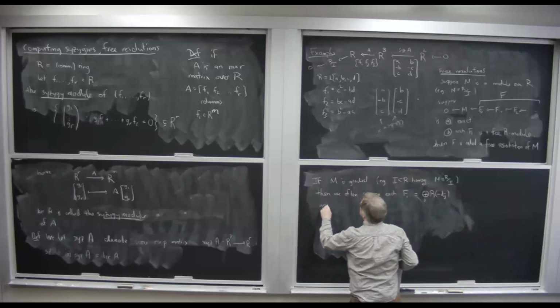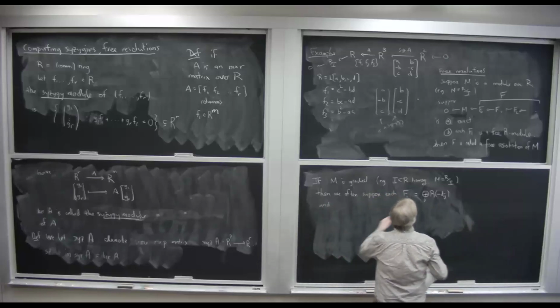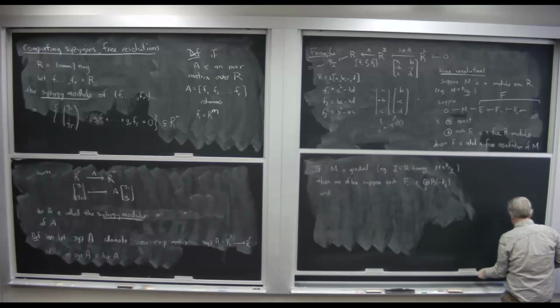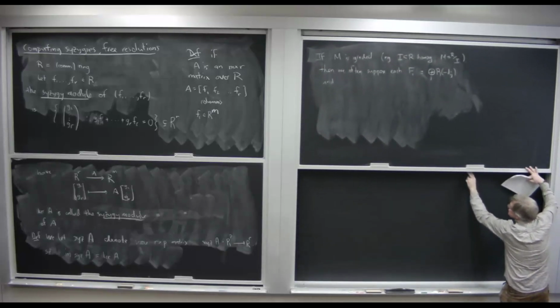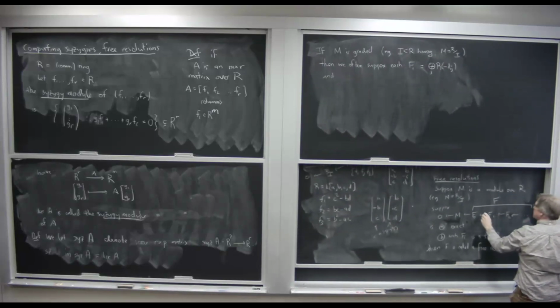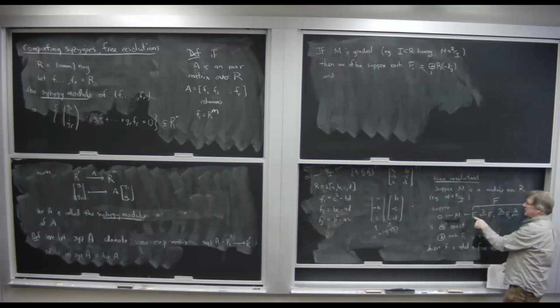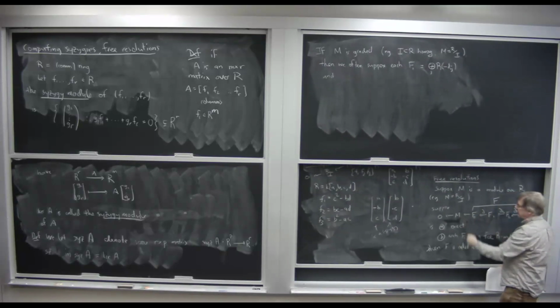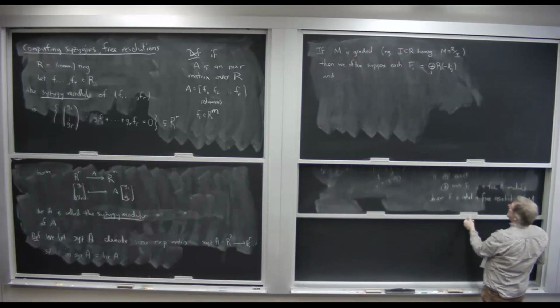And each map, oops, did I name the maps? I did not name the maps. These are called delta 1, delta 2, delta 3, etc. This one is just F0, a map on the generators to M.